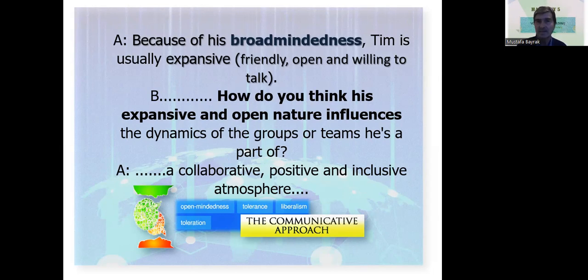Yes, his good nature influences the dynamics of the groups or the teams in a collaborative way, in a positive and inclusive atmosphere. So everybody in that team or in that group wants to express their ideas, wants to speak their minds.